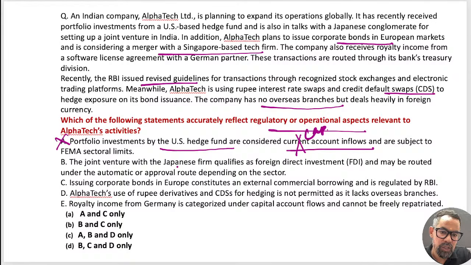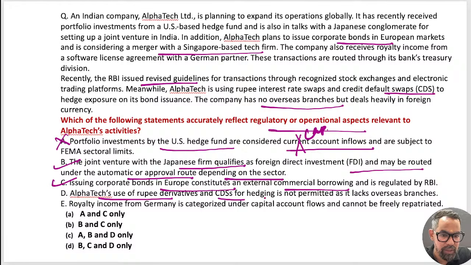The joint venture with the Japanese firm, FDI, may be routed under the automatic route or approved depending on the sector. Yes. The third one is issuing corporate bonds in Europe constitutes an external commercial borrowing and is regulated by RBI. Alpha Tech using rupee derivative and CDS for hedging is not permitted due to lack of overseas branches.